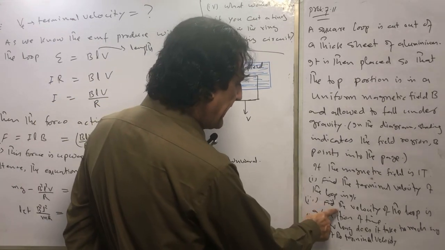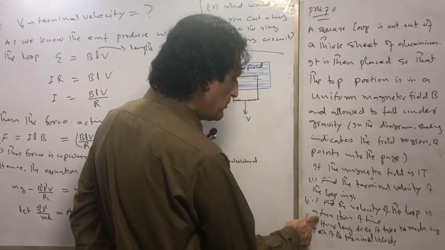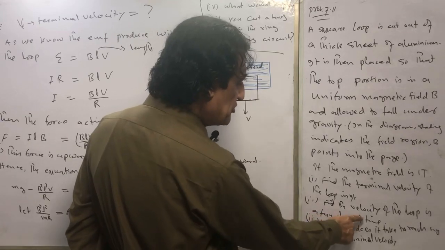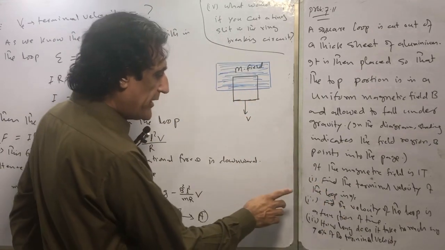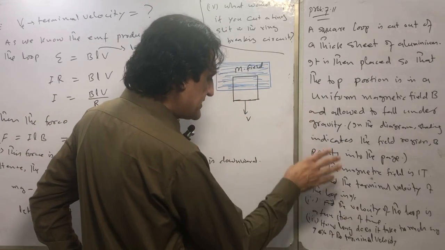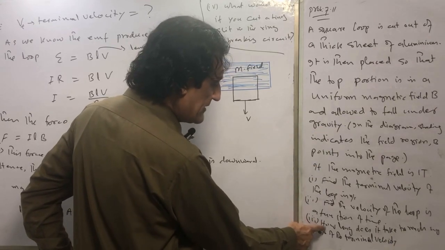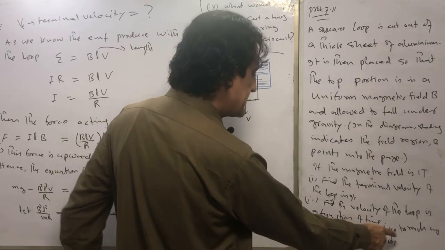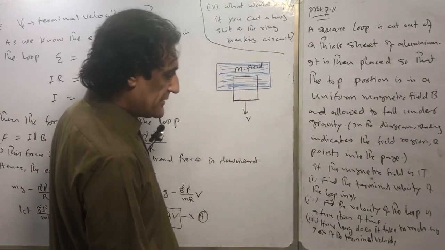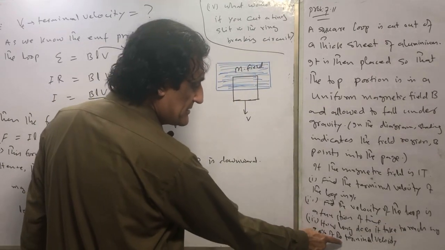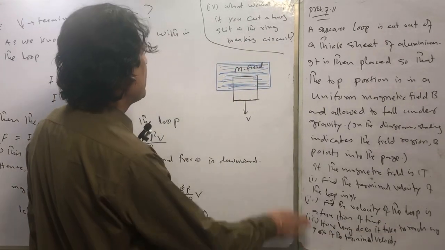Then find the velocity of the loop as a function of time. And the third point is how long does it take to reach, say, 90% of the terminal velocity.